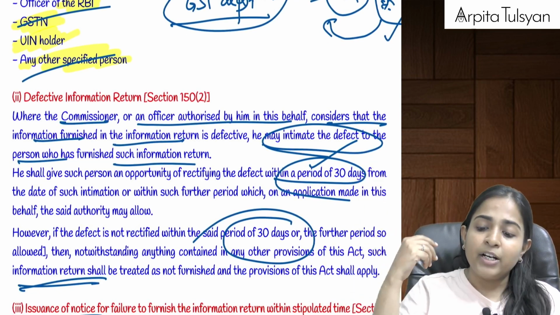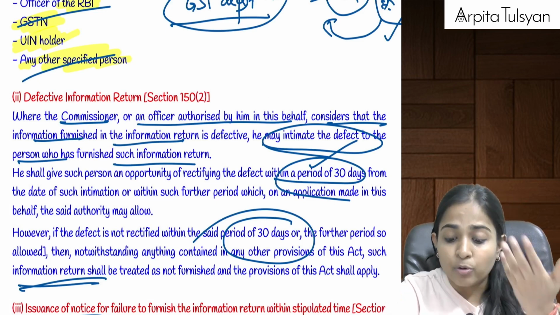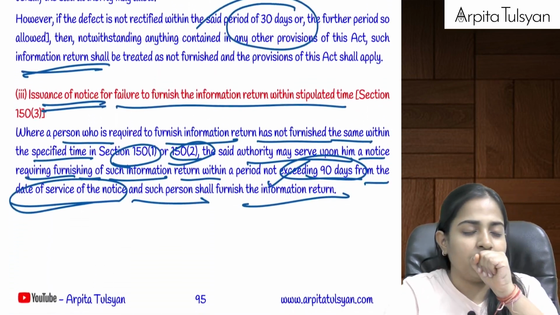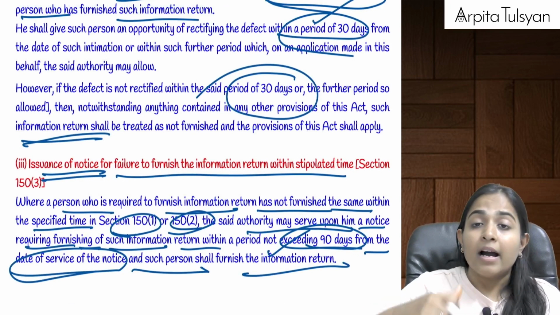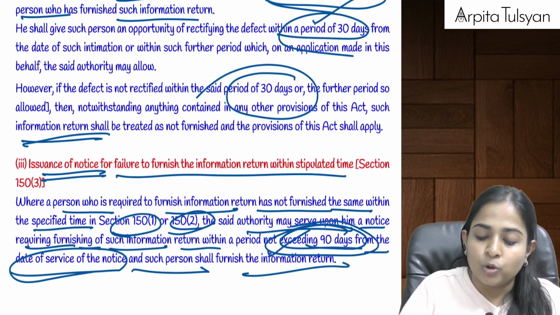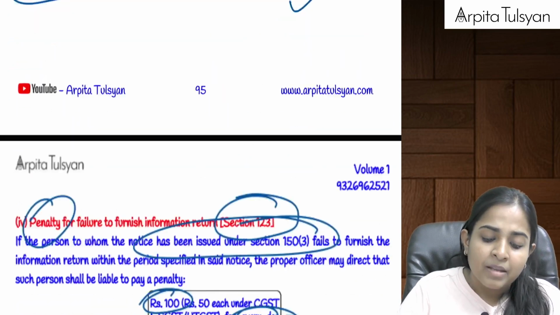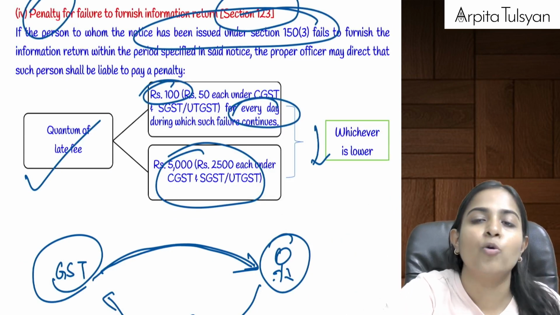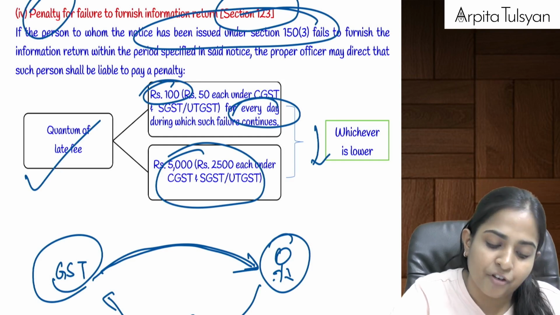If they do not submit the data within the asked time period, or if they do not rectify it within a period of 30 days, then in that case, we are going to issue a notice on them to do it within a period of the next 90 days. To submit it within the next 90 days means that whenever the final notice gets served on them, from that day within a period of 90 days, they have to finally furnish the information.